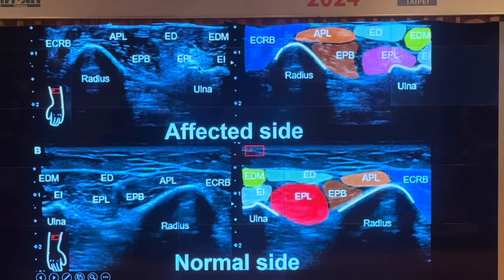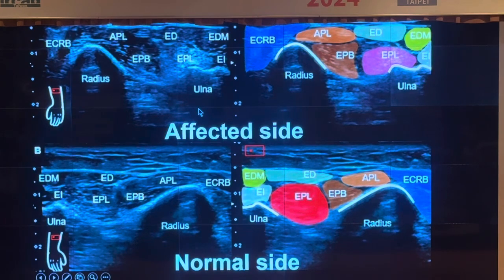But in this case, you can find that the muscle became atrophic. So using the ultrasound image, we are able to know what happened to this patient. The patient received a steroid injection, and unfortunately, the steroid was administered into the tendon itself. So it caused rupture of the extensor pollicis longus.